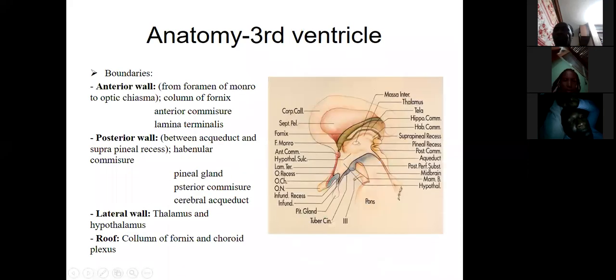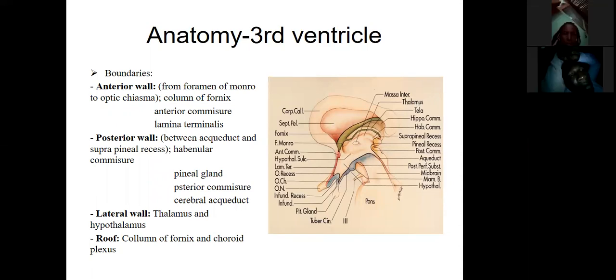Now this third ventricle has very important boundaries, as we know that it can be the site of some intraventricular tumors. So the third ventricle has an anterior wall that extends from the foramen of Monro to the optic chiasma.